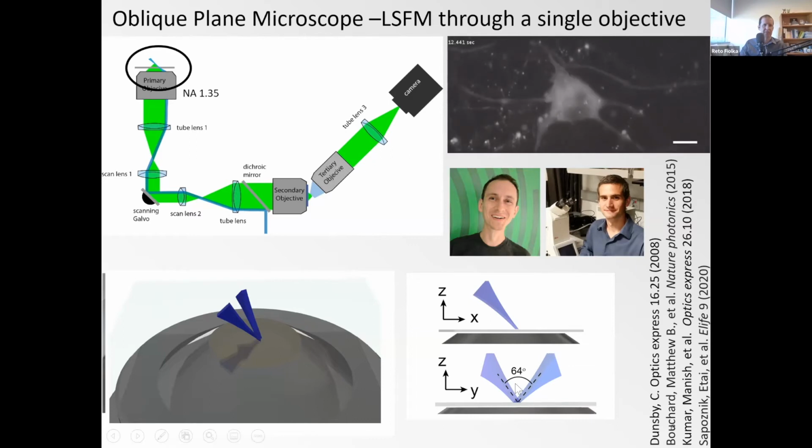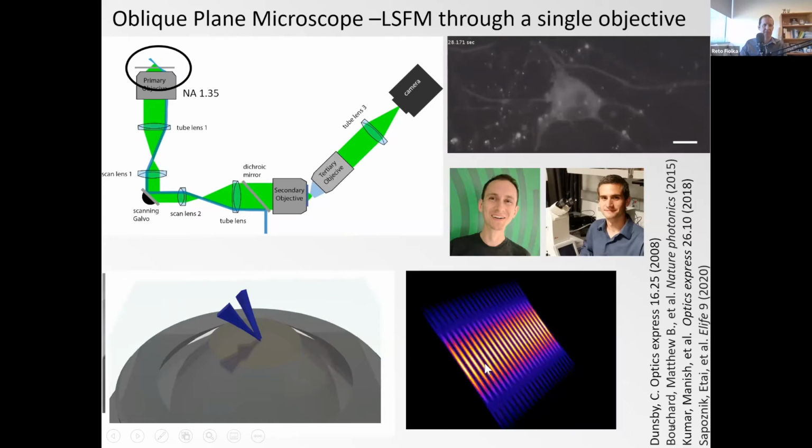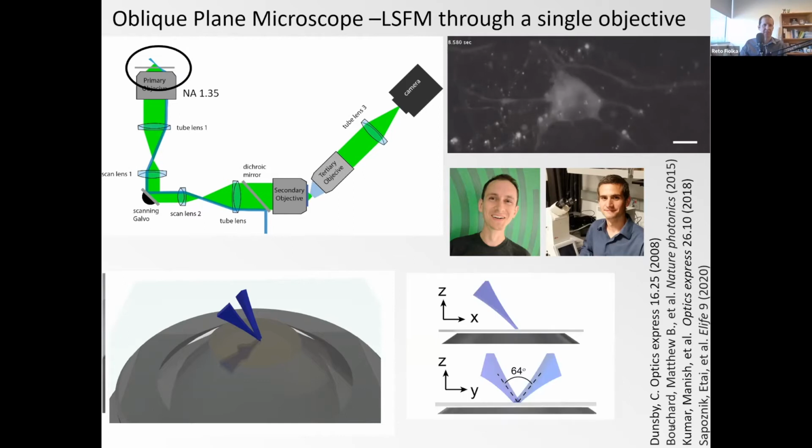So what this does, if these two light sheets are coherent, and this here is a simulation, it creates a structured light sheet. If you were to look from the side, it would have the normal beam waist of a light sheet, but if you go along the lateral direction, it has a sinusoidal modulation. And the fringe pattern is essentially governed by the wavelength and also by that opening angle.